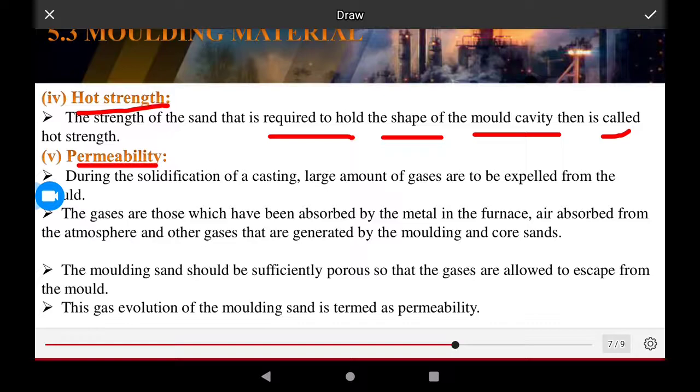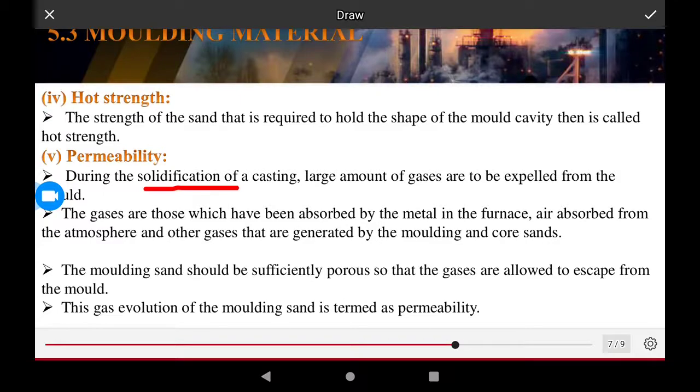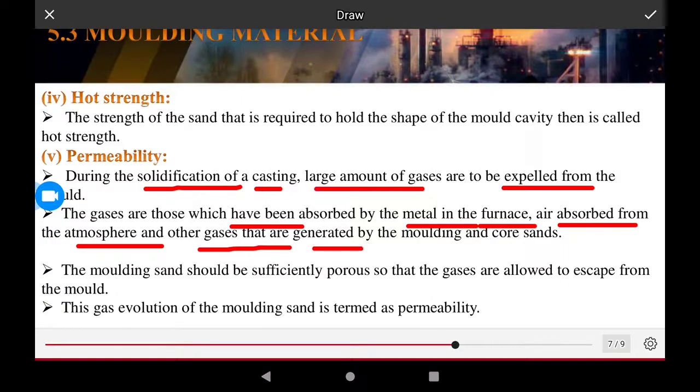Permeability: what is the permeability? It is the property of the sand casting during solidification, where a large amount of gases are expelled from the liquid surface. The gases are those absorbed by the metal in the furnace, absorbed from the atmosphere, or generated by the molding and core sand.